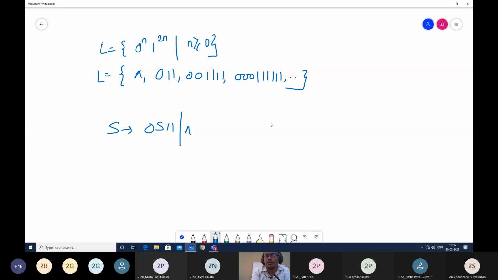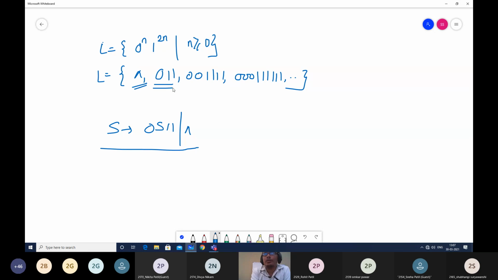Anyone else would like to share an answer? Any different answer? So this is correct. No doubt this is correct. When I apply S gives null, this string gets accepted.